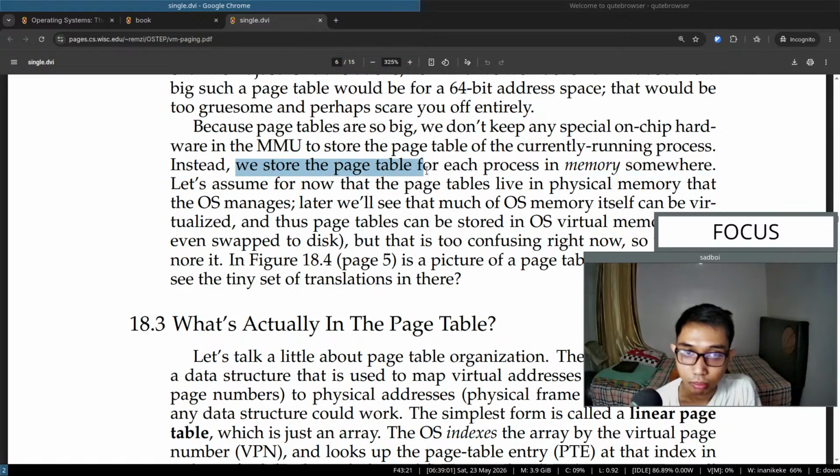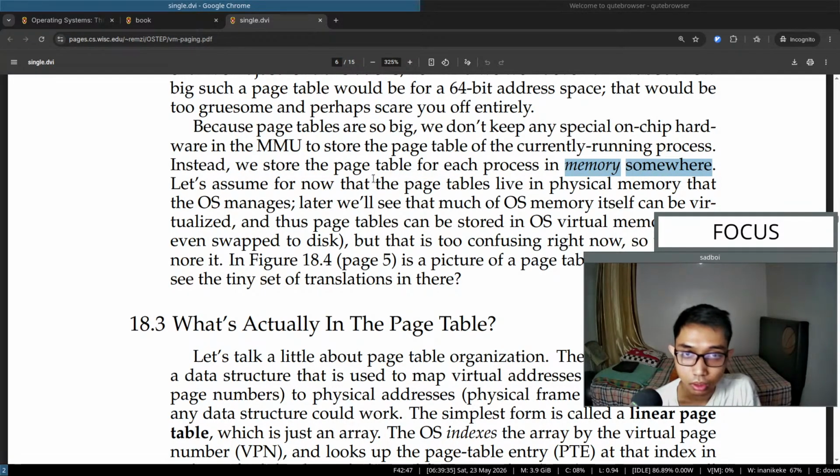Instead, we store the page table for each process in memory somewhere.